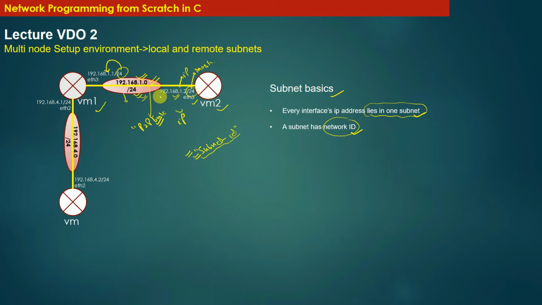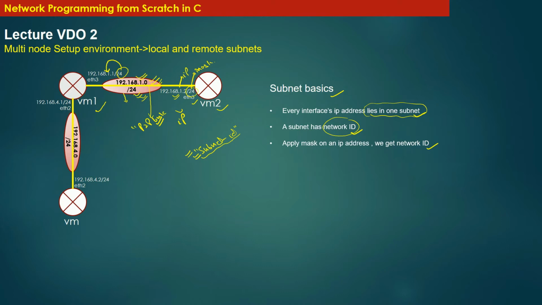That subnet ID is called the network ID. Remember, we will discuss all this subnet ID and IP address mathematics in detail in the next module.